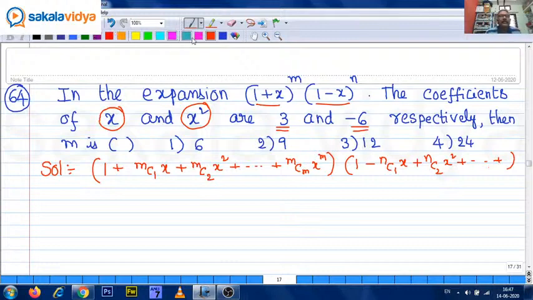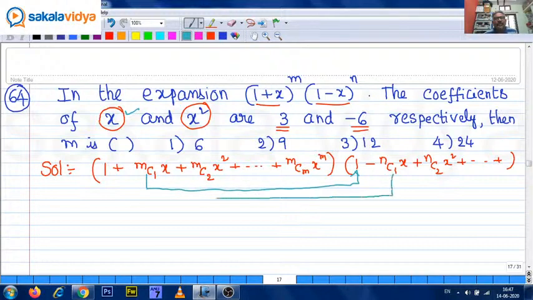Here, let me explain now. Here we have the x coefficient and x square coefficient. The x coefficient is 1 multiplied by mC1 and minus nC1 multiplied by 1. So let us write it here.